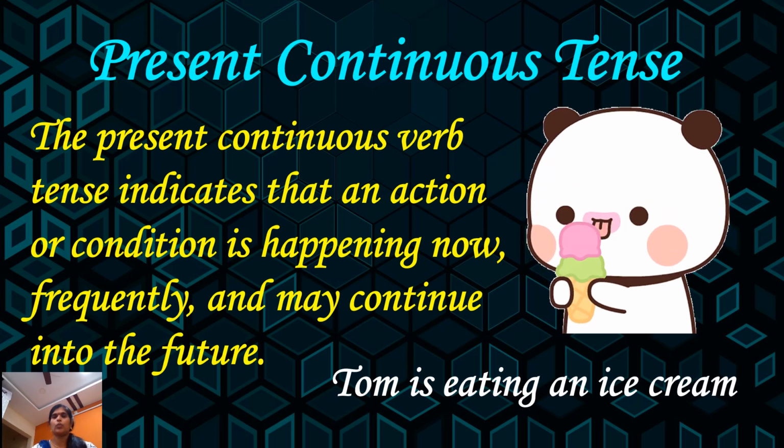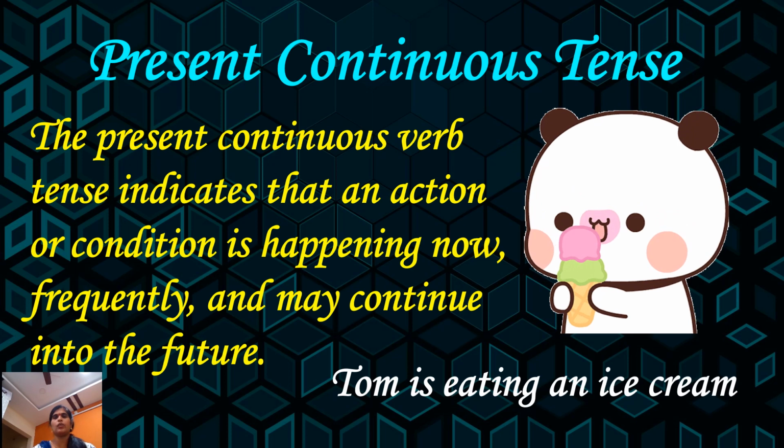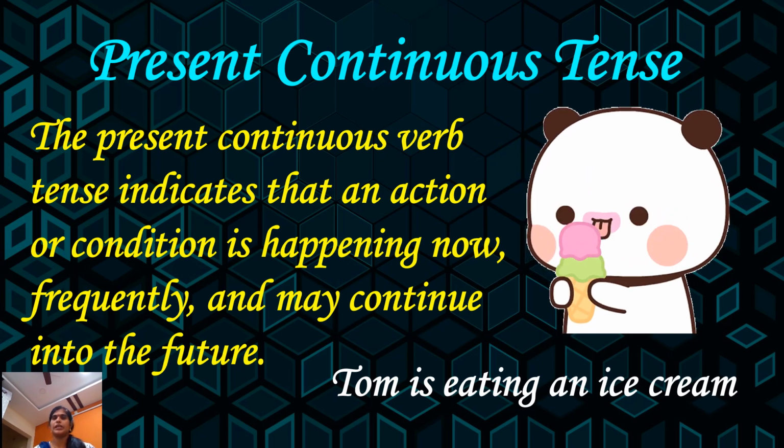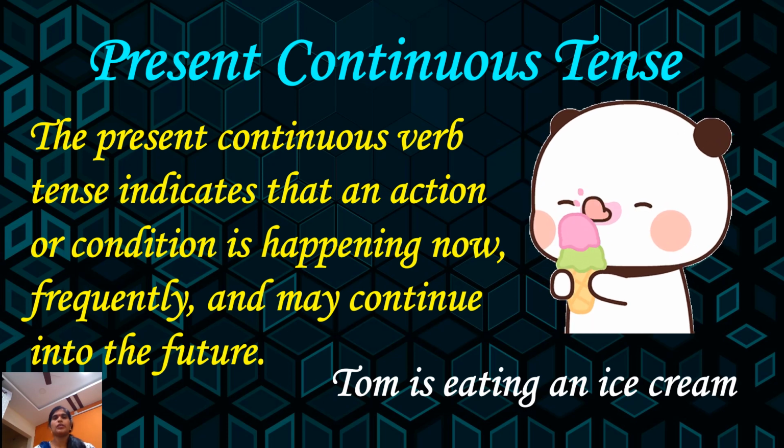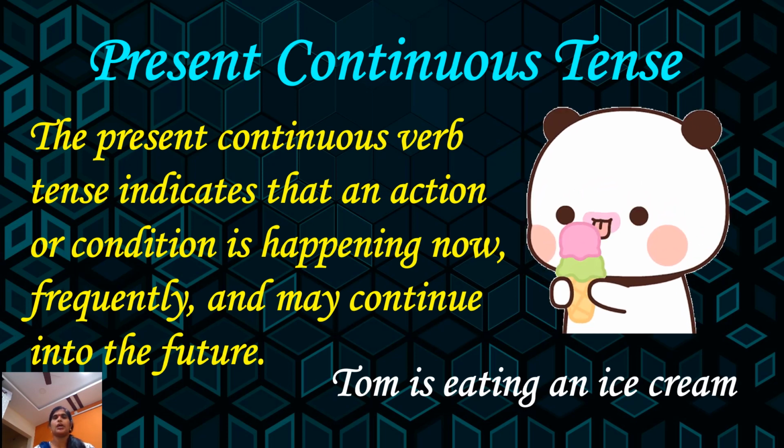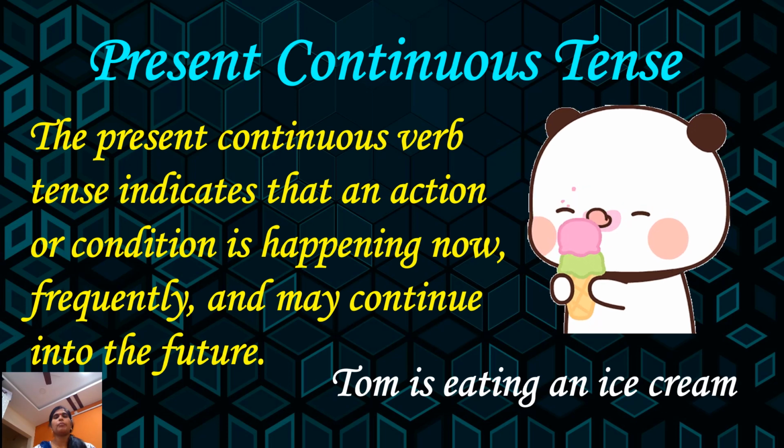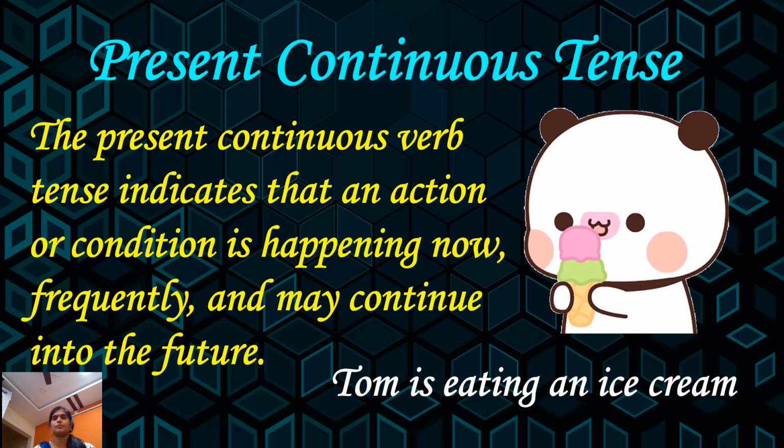Children, here we are with the meaning of present continuous tense. Let us see what it is. The present continuous verb tense indicates that an action or condition is happening now, frequently, and may continue into the future.